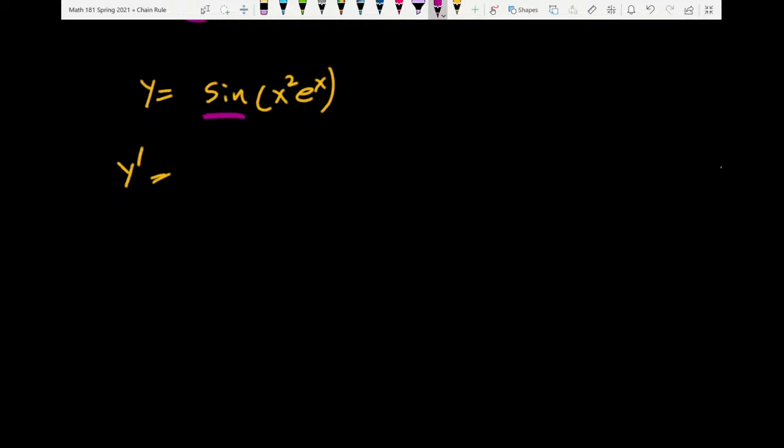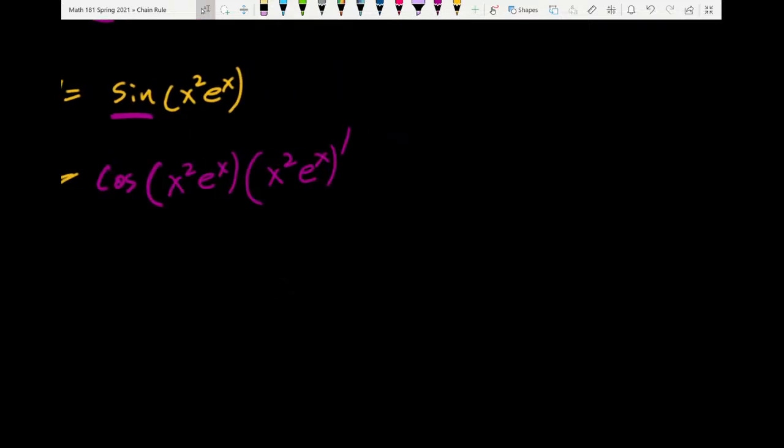So derivative of the outside would be cosine of x squared e to the x, and then we do the derivative of inside. And what's the derivative of inside? We do product rule: 2x e to the x plus x squared e to the x.